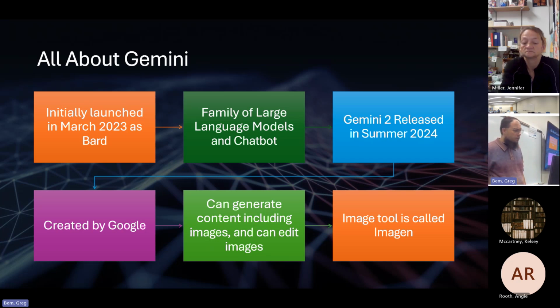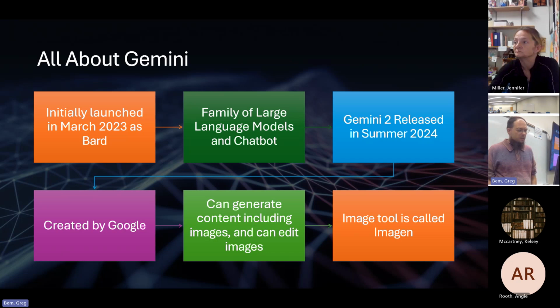You can look up Gemini image controversy. You can Google that to learn more about it. But there have been numerous issues with the Gemini images that have come out, specifically where it relates to bias and historical inaccuracies.